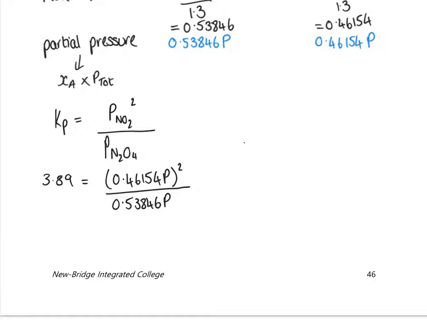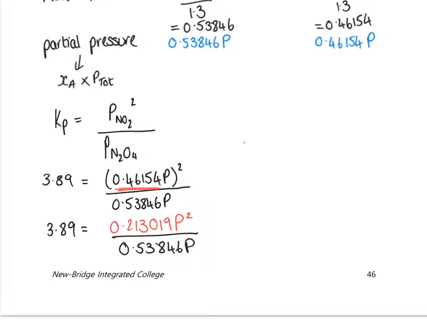Multiplying out that squared and multiplying out my bracket, I look at what my number is squared. So 0.46154 squared is 0.213019 P squared. So I square my number separately and then square P, so that's obviously P squared. And that's all over 0.53846 P. Okay, I can cancel down this fraction a bit by taking my numbers first of all and dividing them by each other.